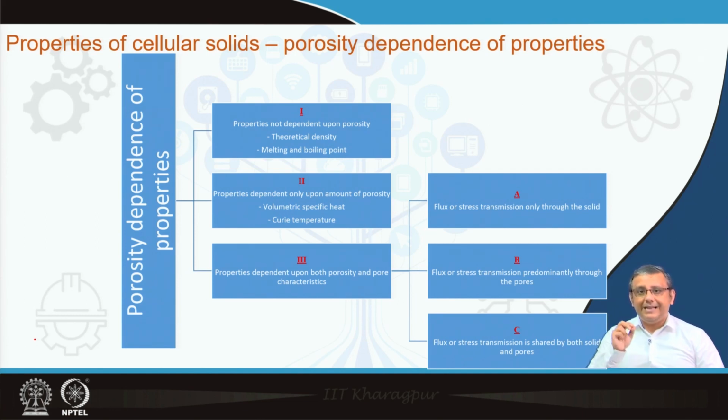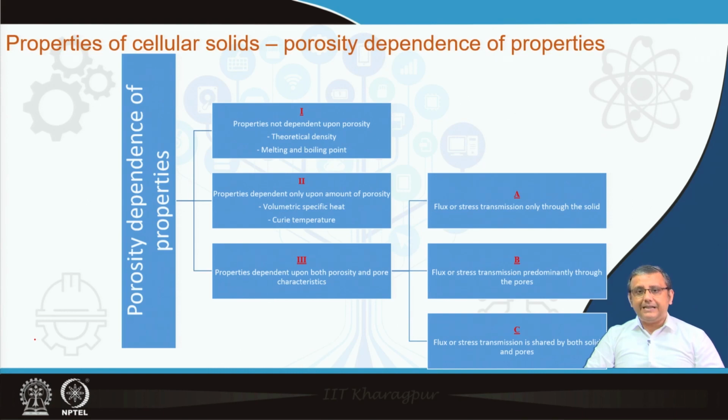That means, the density of the bulk material inside the cellular solid, that means the solid struts and the faces, will still be the same as the bulk metal or the ceramic of which the porous material is made.